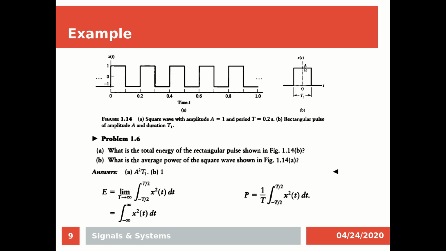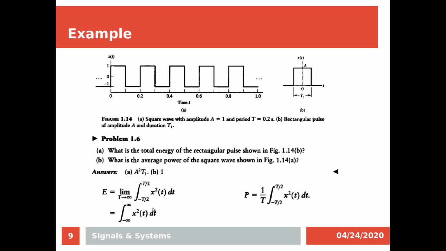So the amplitude is A, so we have A squared, multiplied by nothing, integrated from minus T1 over 2 to T1 over 2, because it is symmetrical around 0. The A squared is outside, and the integral from minus T1 over 2 to T1 over 2 of 1 gives t.